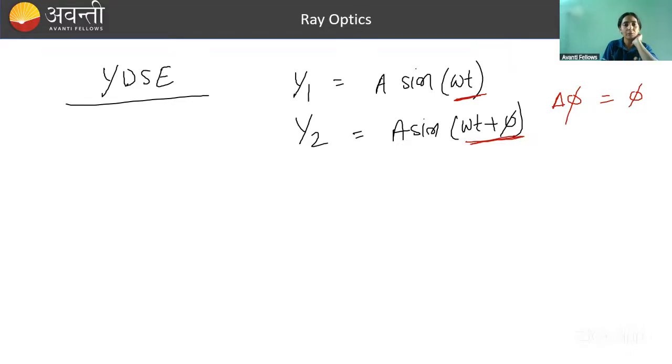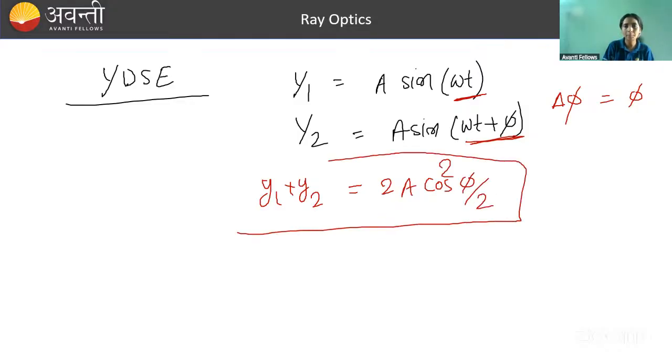Okay. And if we are going to interfere these two waves, y1 plus y2, what we are going to get? We will be getting 2a cos square phi by 2. This is the amplitude we are going to get of y1 plus y2 ka amplitude. Its amplitude will be equal to 2a cos square phi by 2.